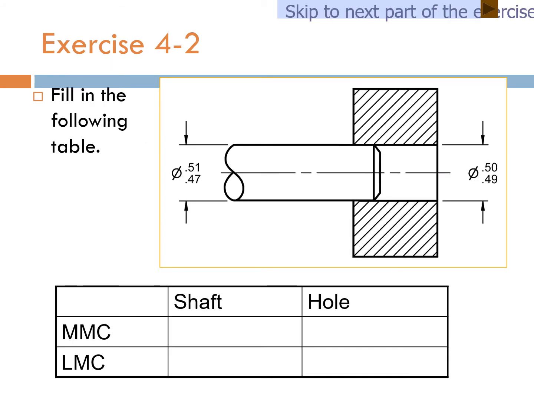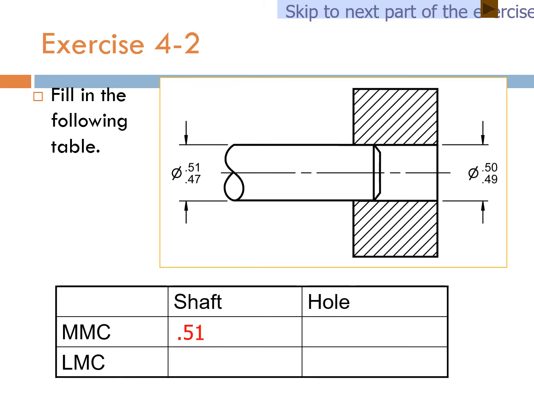Let's use this example to explain the MMC and LMC. Previously, we defined the MMC. The LMC is totally opposite to the MMC. So for MMC, you have the maximum material. For LMC, you have the least amount of material. As we mentioned, if you want to have the maximum material for the shaft, you're going to use the largest size, and for the hole, you're going to use the smaller size.